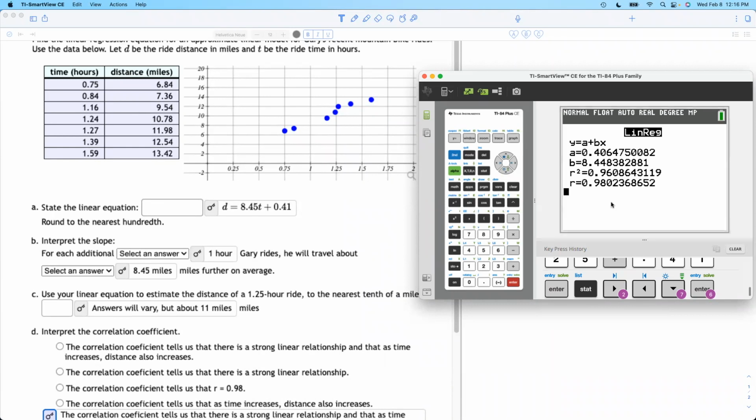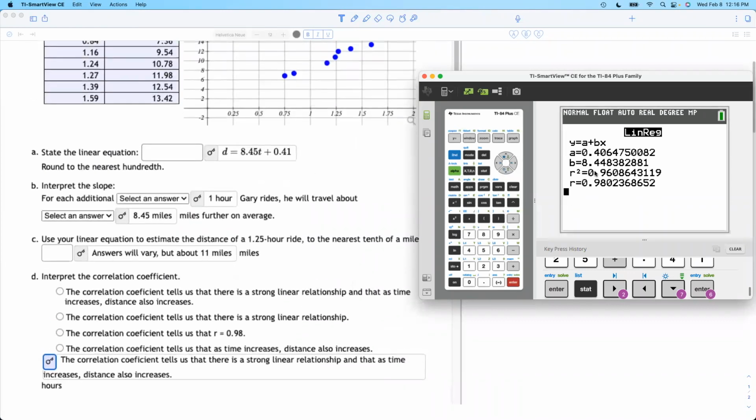Like, look at the number. It's a positive number. It's a strong positive correlation. And plus, I can look at the graph. Look, it's going up. The dots are going up as I go from left to right. It's a positive correlation. I can also look at the slope. The slope is a positive number. Everything here says positive.